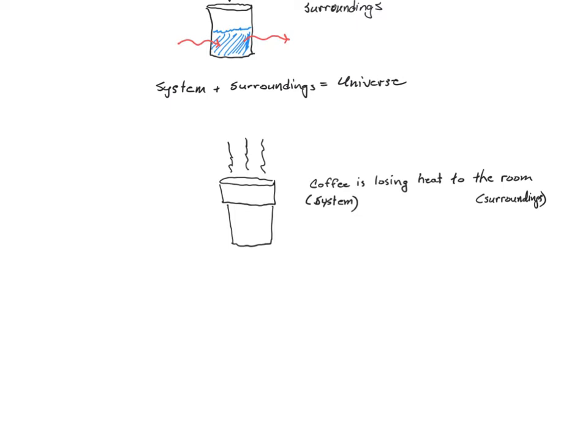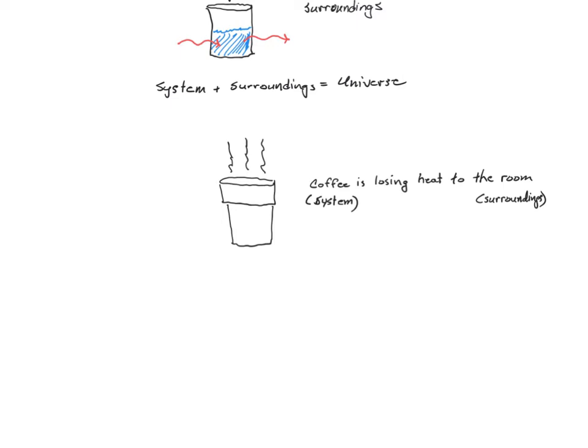So that cup of coffee that you set on the countertop for a couple of hours, having given off its heat, has actually warmed up the room. Now, you're not going to be able to detect that increase in temperature because there's a lot more matter in that room than there is in that little coffee cup. But that is, in fact, what has happened.